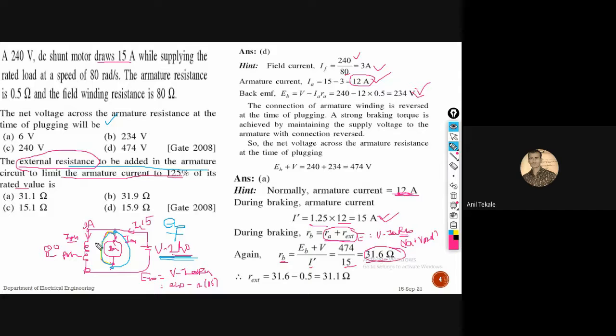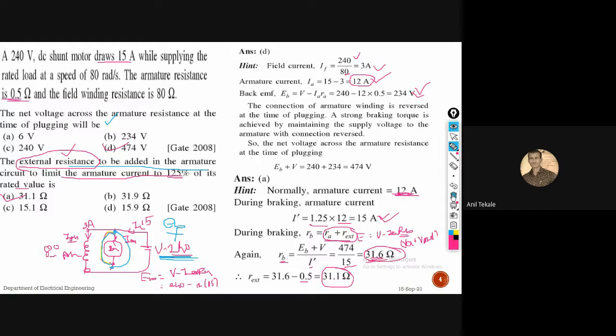So once we subtract the armature resistance from this braking resistance, we will get the external resistance. 31.6 minus 0.5, which is the armature resistance, gives 31.1 ohm to be added into the armature circuit to limit the armature current to 125%. That is the answer. So here answer D and here answer A will be the clear answer, and once you complete that one, you will get 4 marks. That question was asked in the 2008 GATE examination.